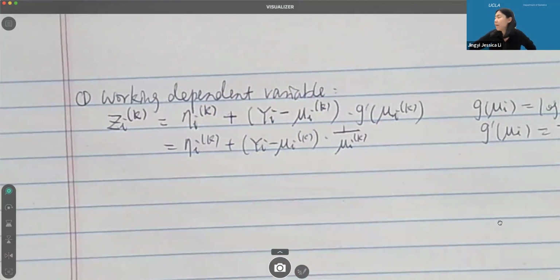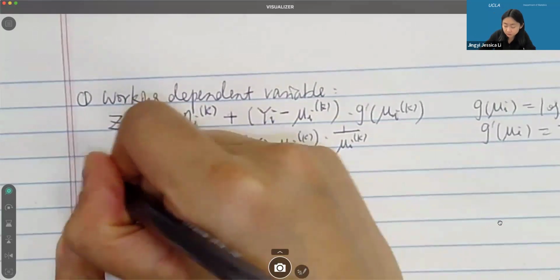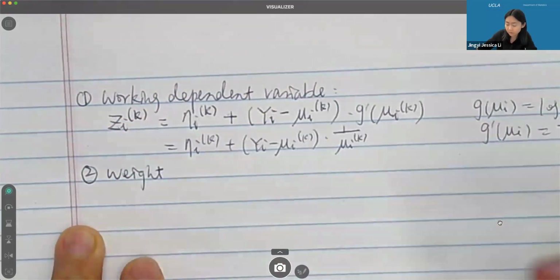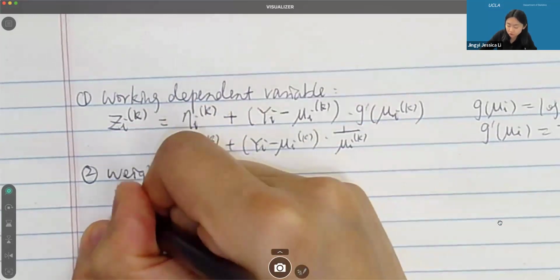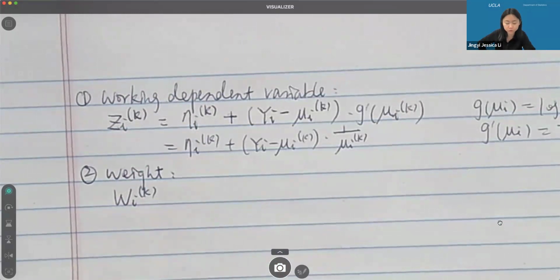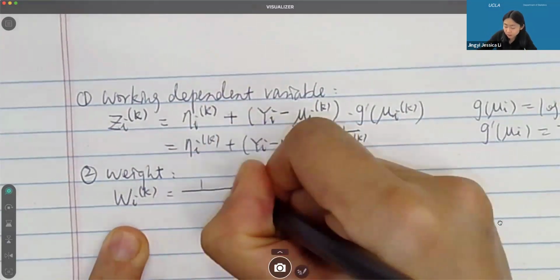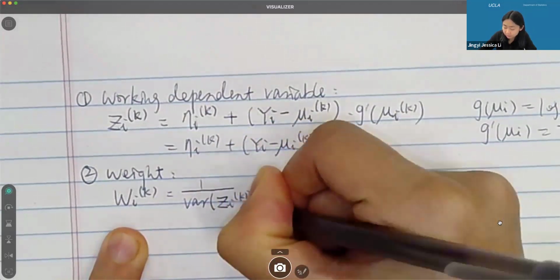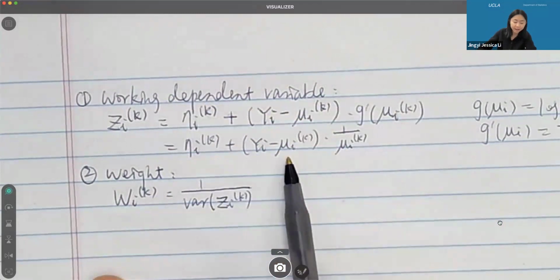Second, we need to derive the weights. Because without the weights, we cannot do the weighted least squares. So we need a weight for the ith working dependent variable. We call that w_ik, which is the ith diagonal entry in the weight matrix, by definition defined as 1 over the variance of z_ik.